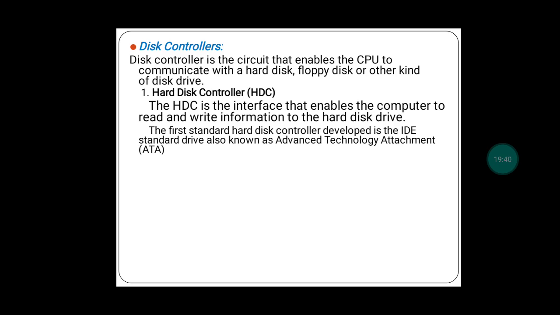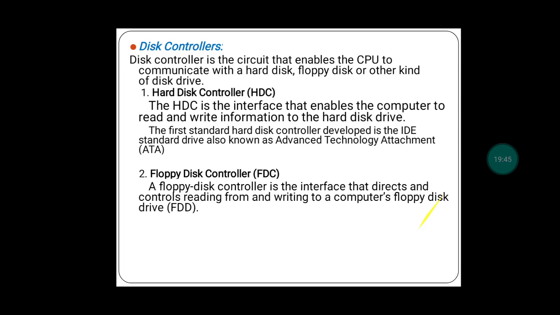Okay, so moving on to the next controller, that is the floppy disk controller. Nowadays we have the hard disk controller, but earlier days we had the floppy disk controller.